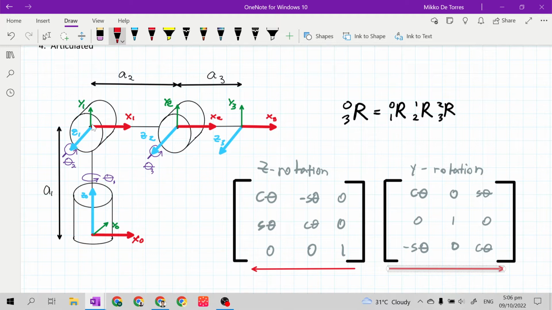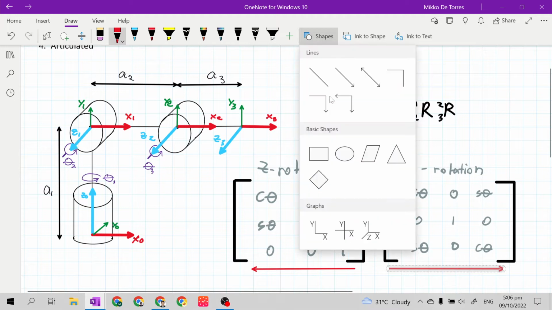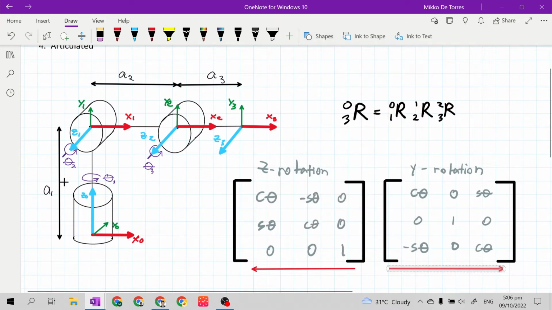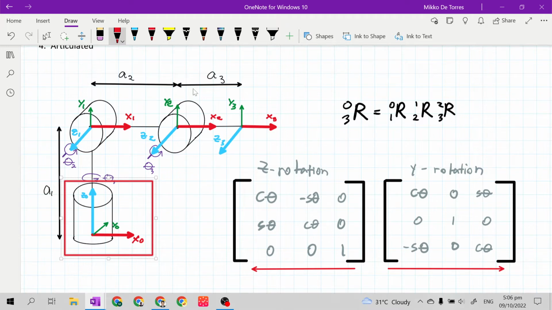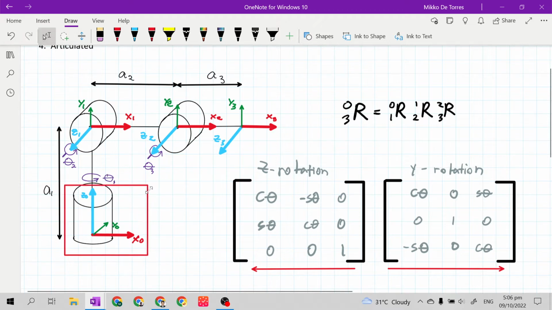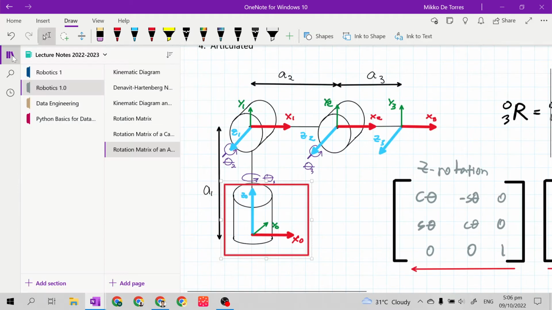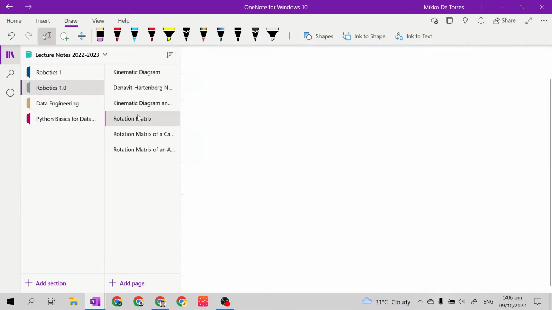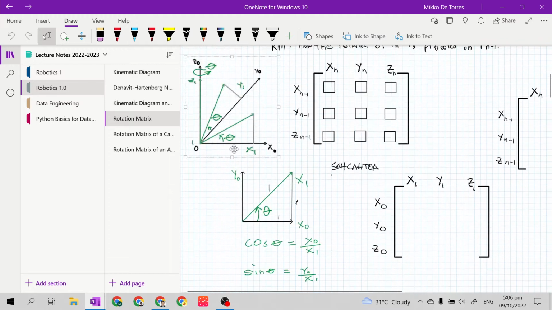So based on the principle of projection, this is the reference frame. The reference frame will not move when there is a change in joint variable theta, just like in our original drawing.